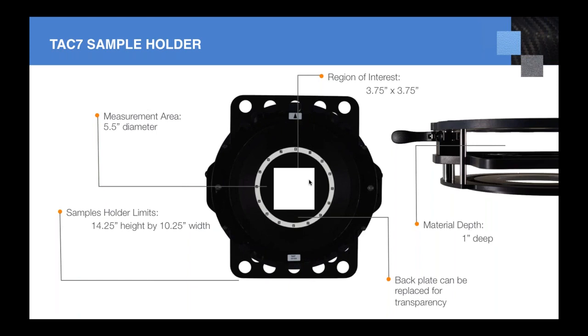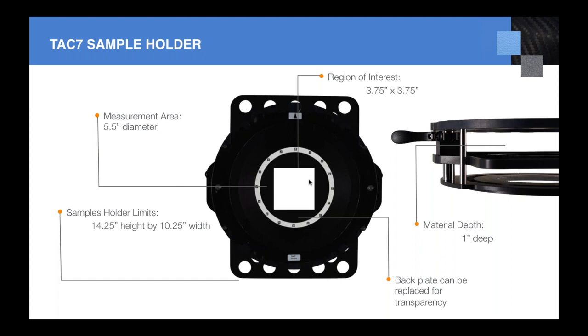And we're able to get more information from all of this, because underneath it, which we can't really see in this picture, we have the sample holder, and that's going to rotate the material. By rotating the material, you can get more information without having to add more cameras.